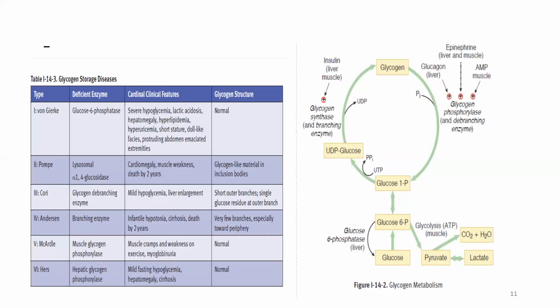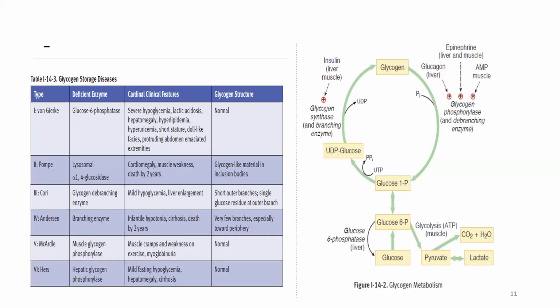Here is Hers disease, or type 6. This is not a myopathy because the defect is in the hepatic glycogen phosphorylase. In the branching enzyme defect, or defect of glycogen synthesis, the patient suffers hyperglycemia, but not like diabetes because glucose can enter the cell.